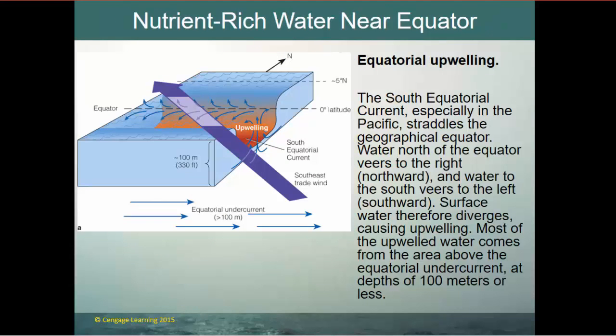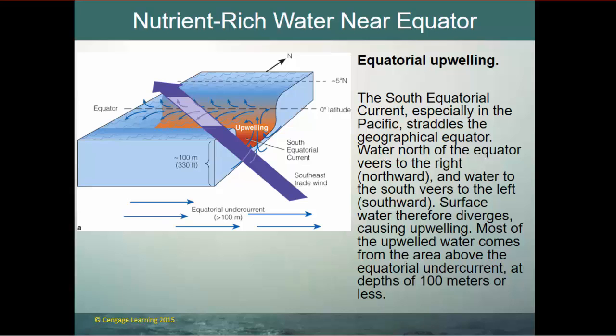So this is what equatorial upwelling might look like. The south equatorial current, especially in the Pacific, straddles the geographic equator. Water north of the equator veers to the right, northward, and water south of the equator veers to the left, southward. So that means the surface water diverges.